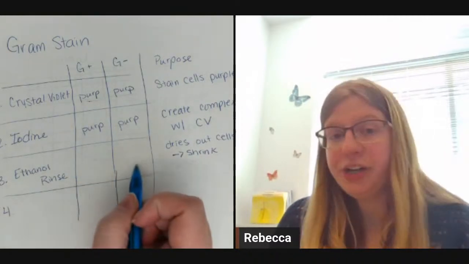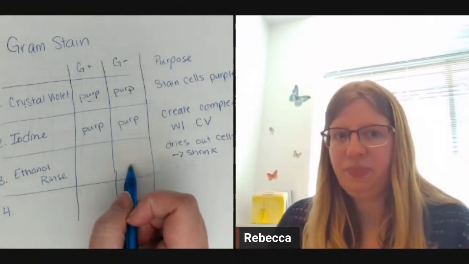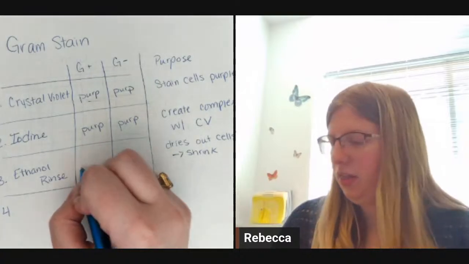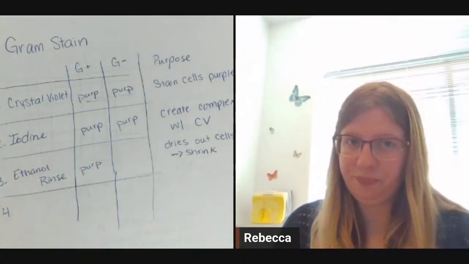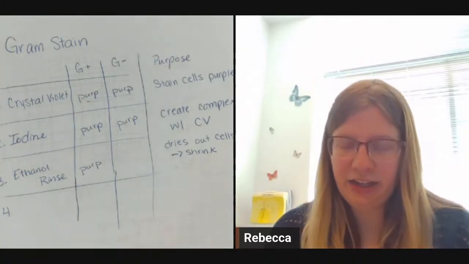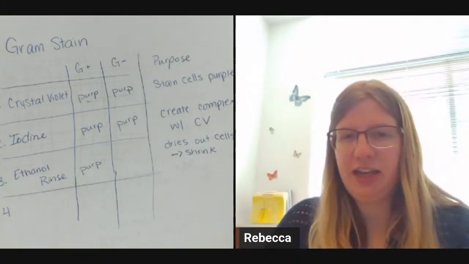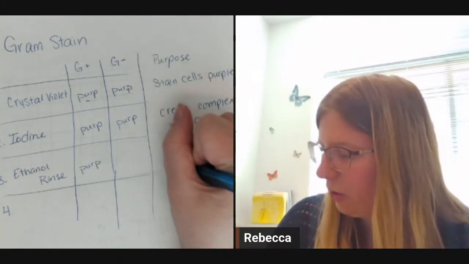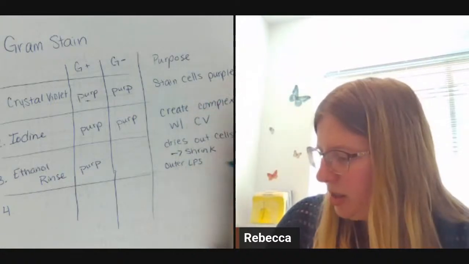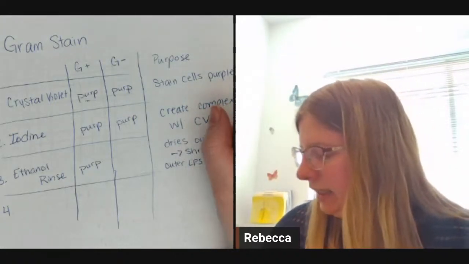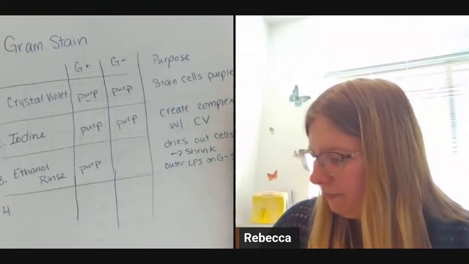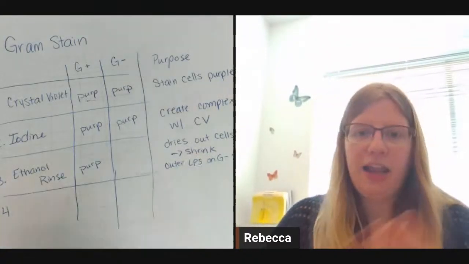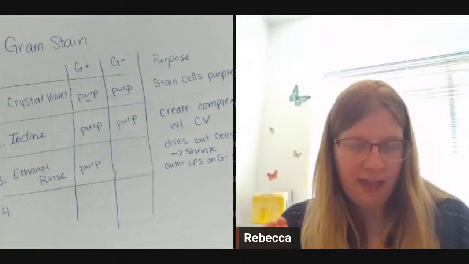It will now create a difference in the colors, right? Our gram-positive will stay purple, and our gram-negative will not, because of what I was starting to say about the oils: that outer LPS, the lipopolysaccharide layer on gram-negatives, will be stripped away. Our hands normally have some natural oils on them.